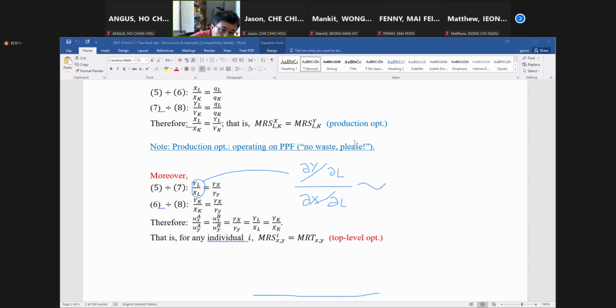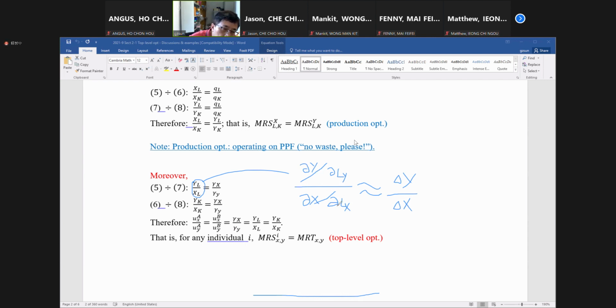That is, roughly speaking, the change in Y by changing labor input for producing Y. Similarly, this one is the change in X. Now, I should mention it should be Ly and Lx. If we increase the labor input in the production of Y, how much more Y can we produce?